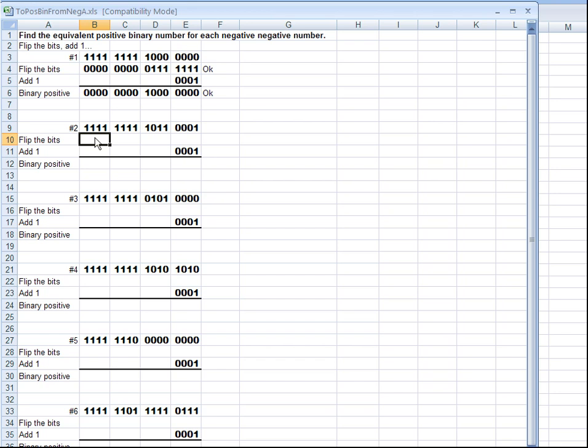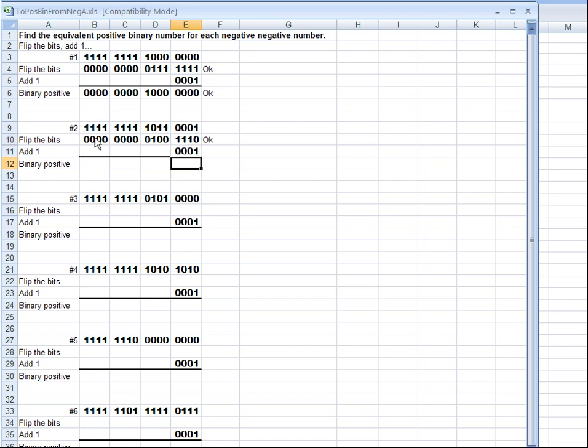So obviously the first 4 ones are going to become 0, 0, 0, 0, and the next 4 are going to become 0, 0, 0, 0, and then in D10 it's going to be 0, 1, 0, 0. And finally, the last one is going to be 1, 1, 1, 0.